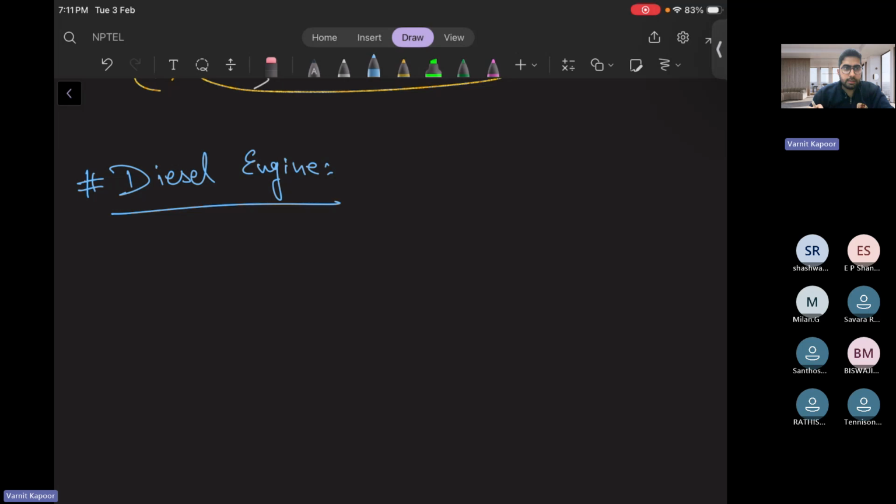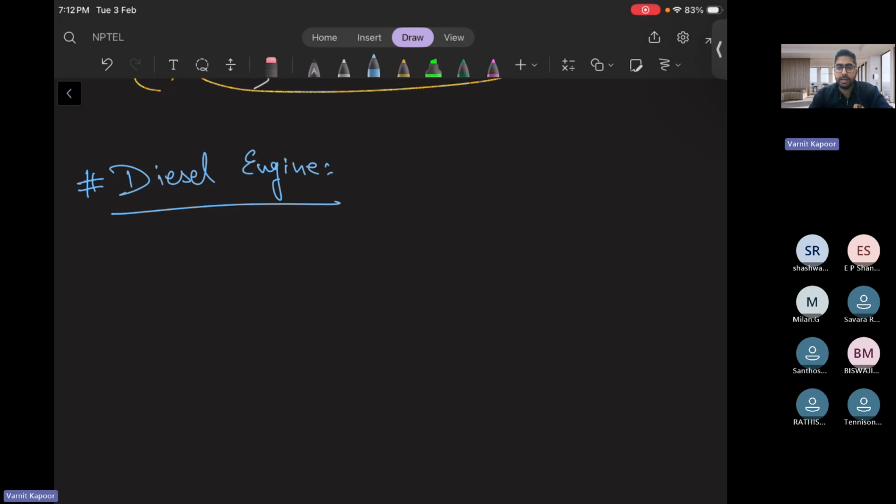Why? Because when the compression stroke happens, at that instant the fuel starts to get inserted inside the cylinder, and air and fuel get mixed. Due to the compression, pressure and temperature rise, and the temperature is high enough to be greater than the ignition temperature of the fuel.